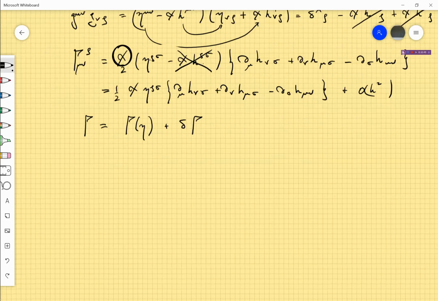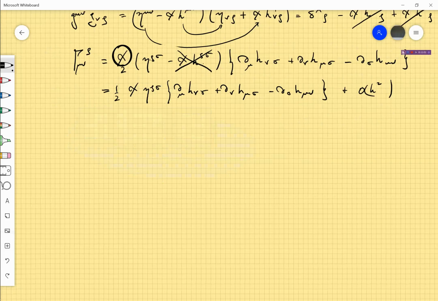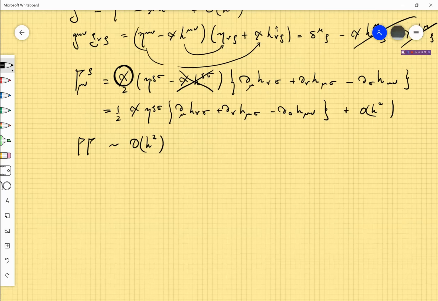Okay, the first order variation, but you know that the gamma for eta, and we are working in Cartesian coordinates, is 0, so you only have delta gamma, which is of first order in chi. The consequence of this is that all the terms gamma gamma are of order h squared or chi squared, and we can ignore them.